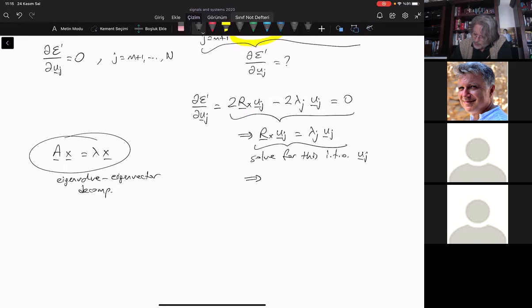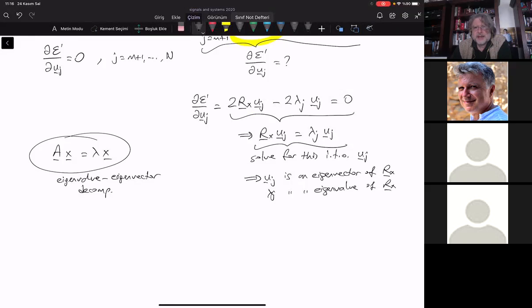So I will say that uj is an eigenvector of Rx and lambda j is an eigen, sorry, it's not an eigenvector, of course, it's an eigenvalue of Rx.